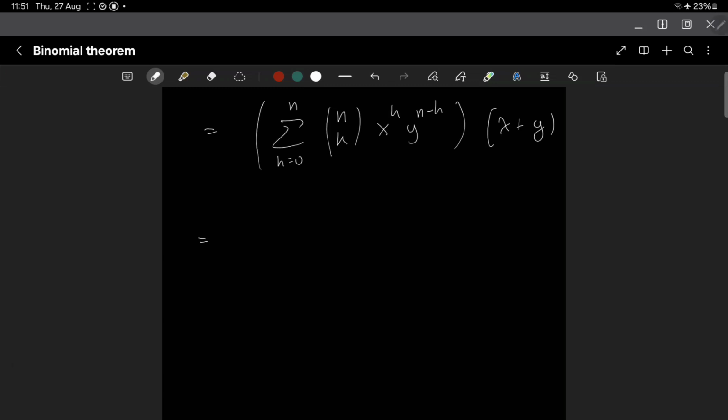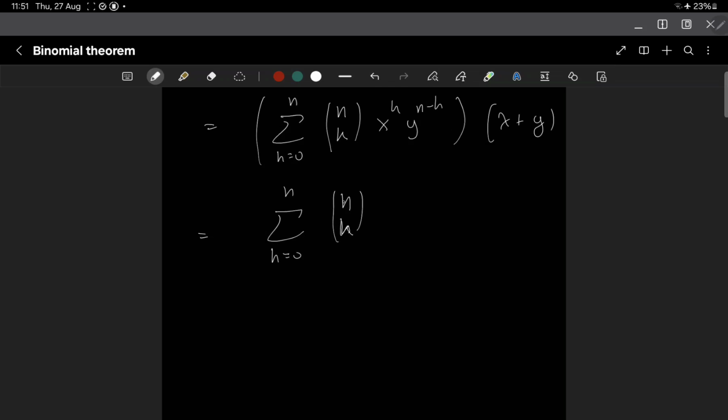So we get two sums now. The first is the sum k from 0 to n of n choose k, and now we multiply x in. We multiply this whole term by x, so we get x to the power k times x, which is x to the k plus 1, y to the n minus k. That is the first term.